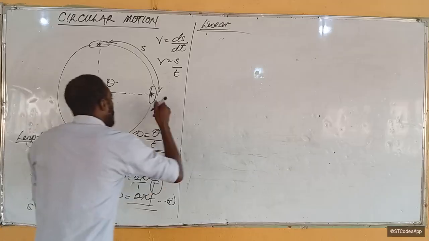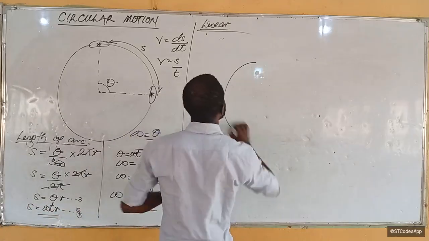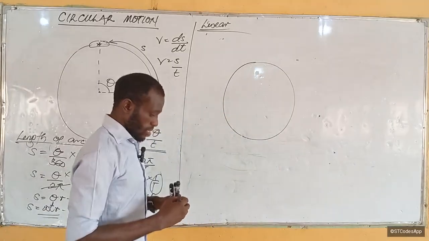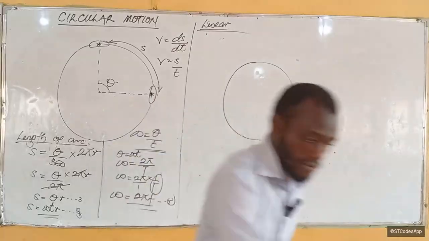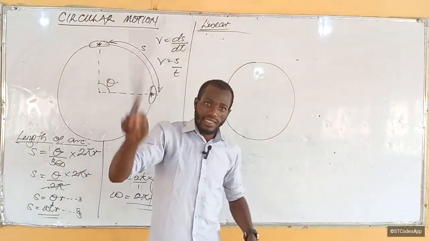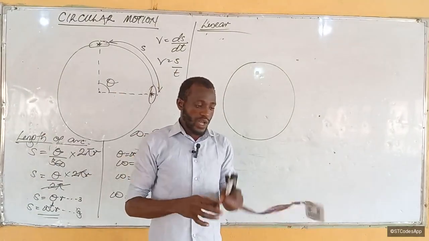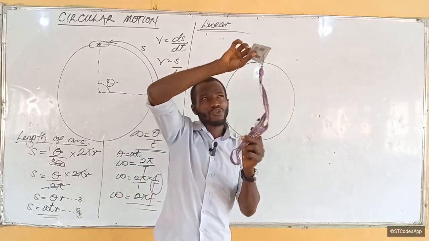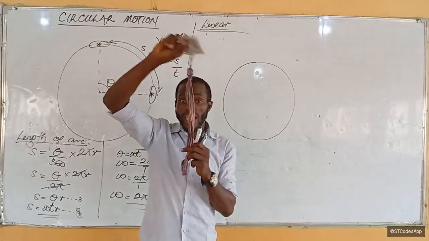Watch this. At this point, let me redraw this circle. Let me show you something before I prove that. See, by yourself, notice this. As this body is going like this, for example, if this body were to be cut off, how would it move? It will move straight in the direction where it is cut, right?